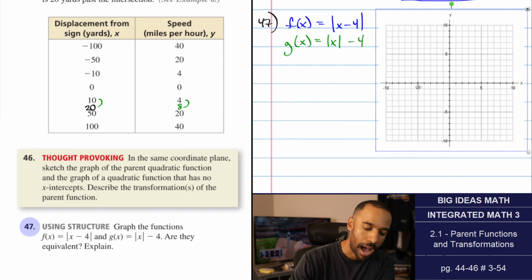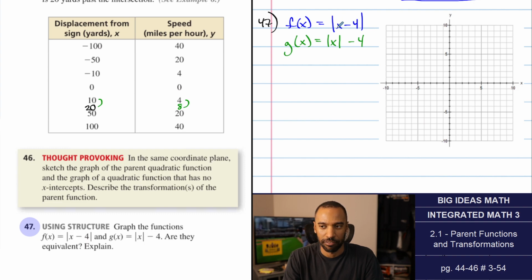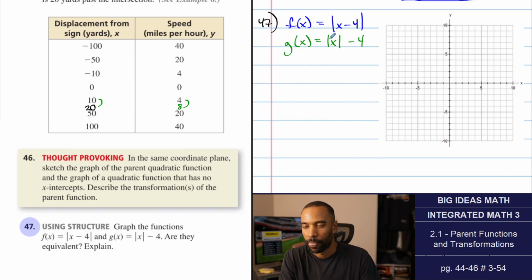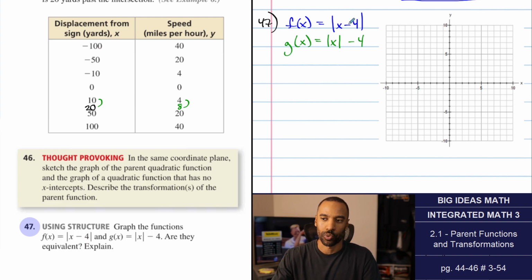The top one has to do with horizontal translations because now x is being affected differently. I have to plug in different values of x to get the same value out of y that I would compare to the original parent function. Here, when I plug in values for x, I just get what I get, and then y gets affected by becoming 4 less than what it was. This one is a translation of 4 units to the right of the original parent function.